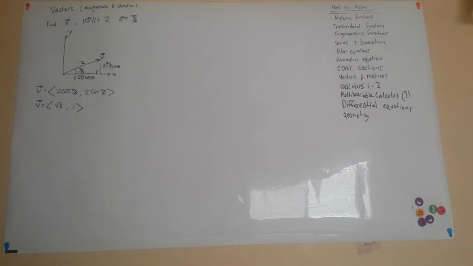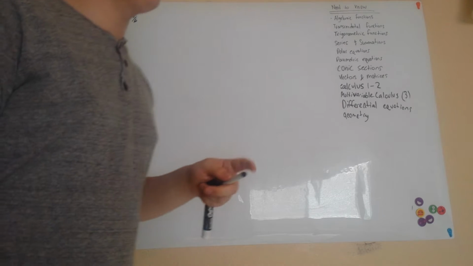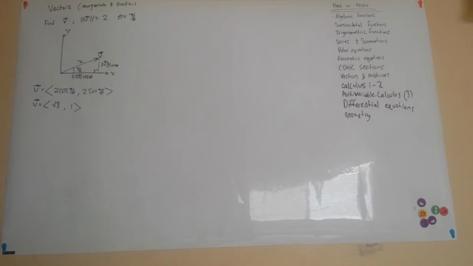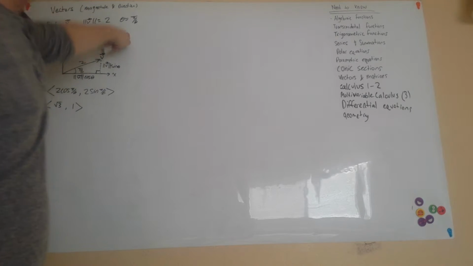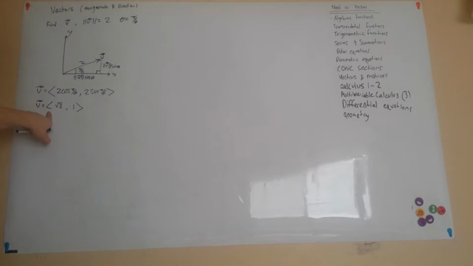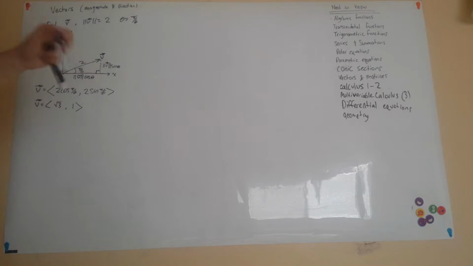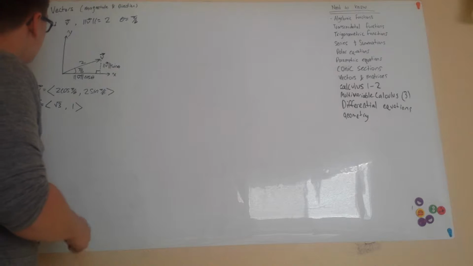We found our vector. And we know it has a magnitude of 2. We were given the magnitude here, and the angle is pi over 6, and we found our original vector. There you go.